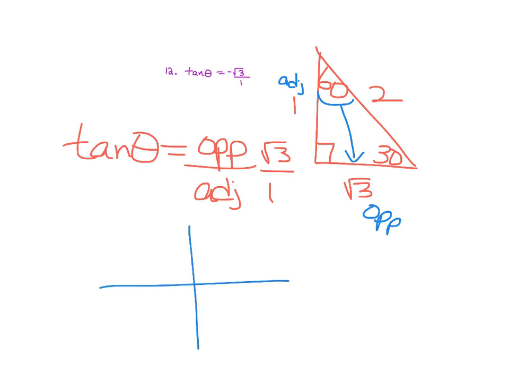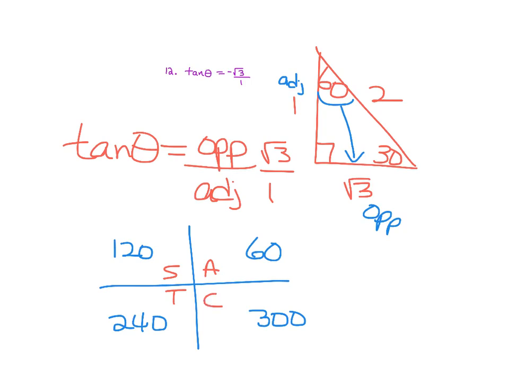So again, you're going to fill it in. 60 goes here, and then you're going to do 180 minus 60, 180 plus 60, and 360 minus 60. And now I have to figure out which 2 to get rid of. So again, all students take calculus.